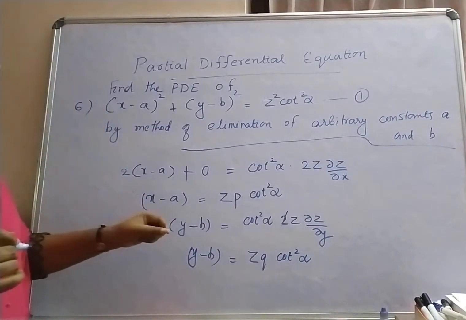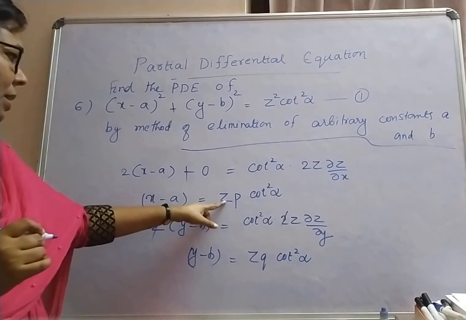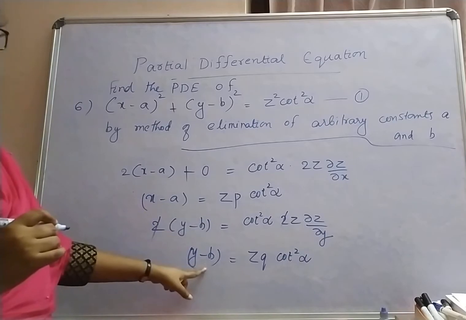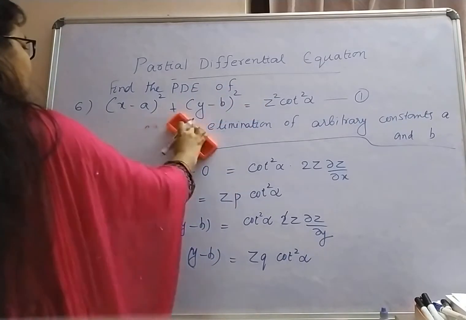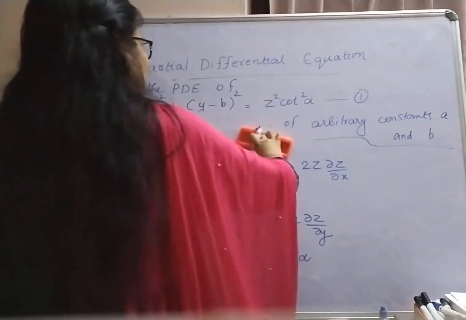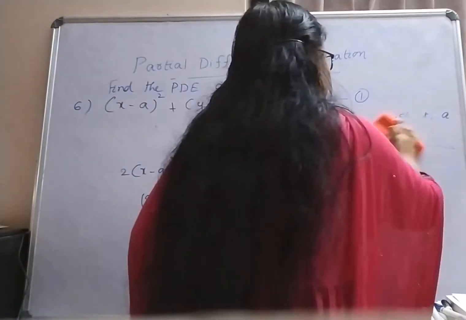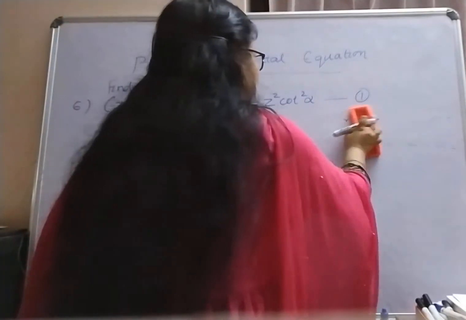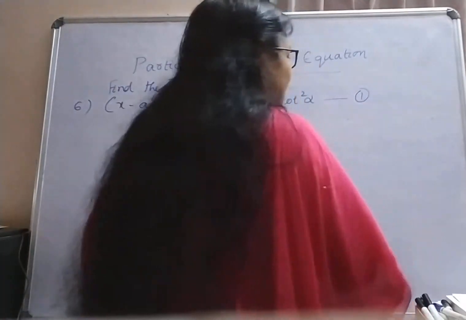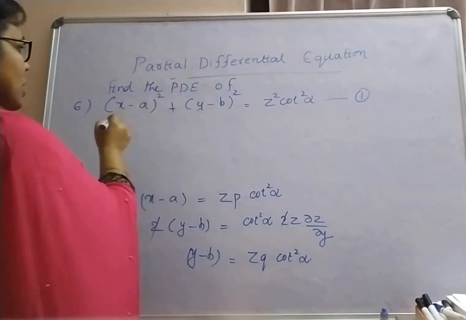Now we have to eliminate this a and b from equation number 1. For this, substituting the values of x minus a and y minus b in equation number 1.